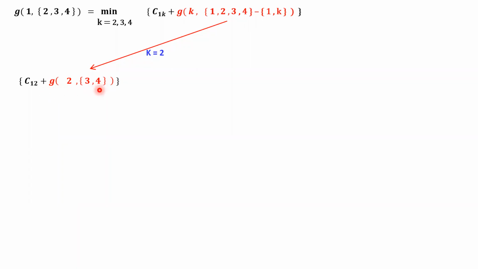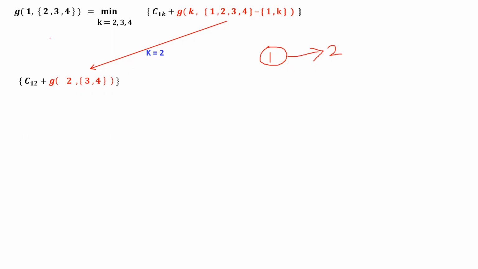Now you can see what is the meaning of this. The meaning of this here is that you have started at city number 1. Then you are checking the possibility that the next city you will be traveling is 2. The next city that you'll travel is city number 2.